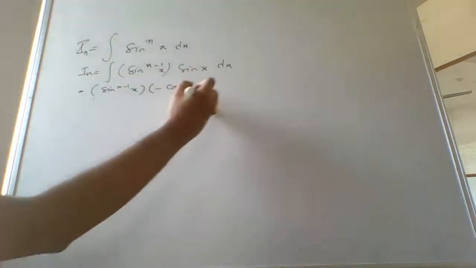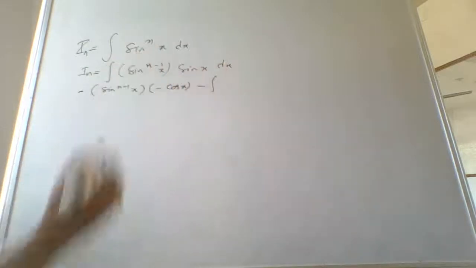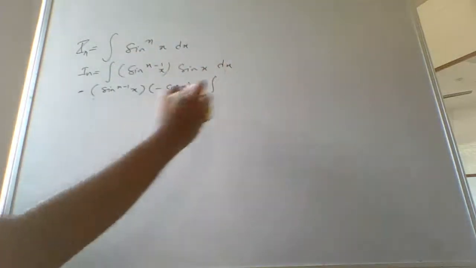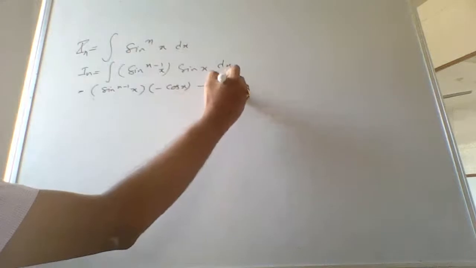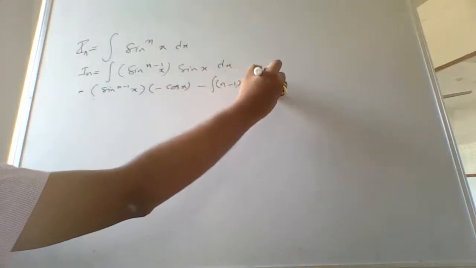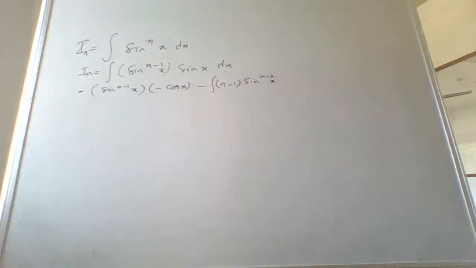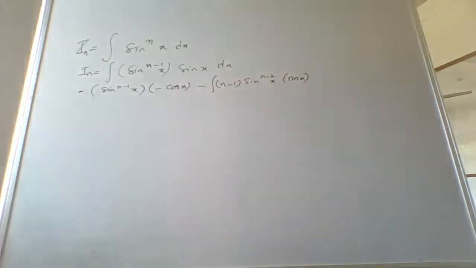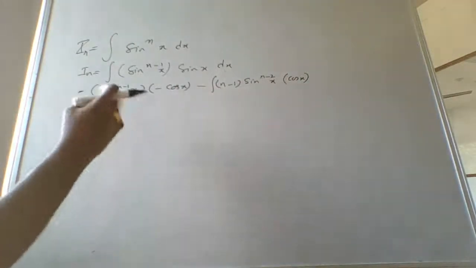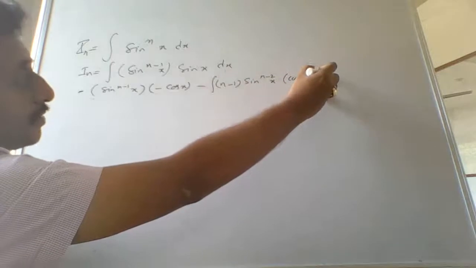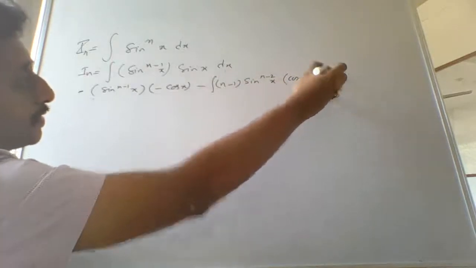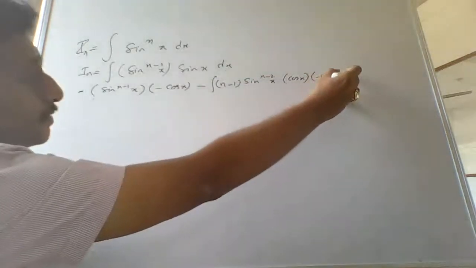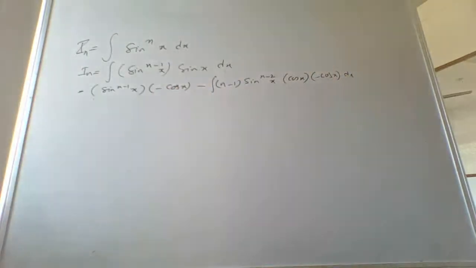Now the differentiation of this becomes n minus 1, sine to the power of n minus 2 x, and the differentiation of sine would be cos x. And the integration of sine becomes minus cos x, and this is dx.